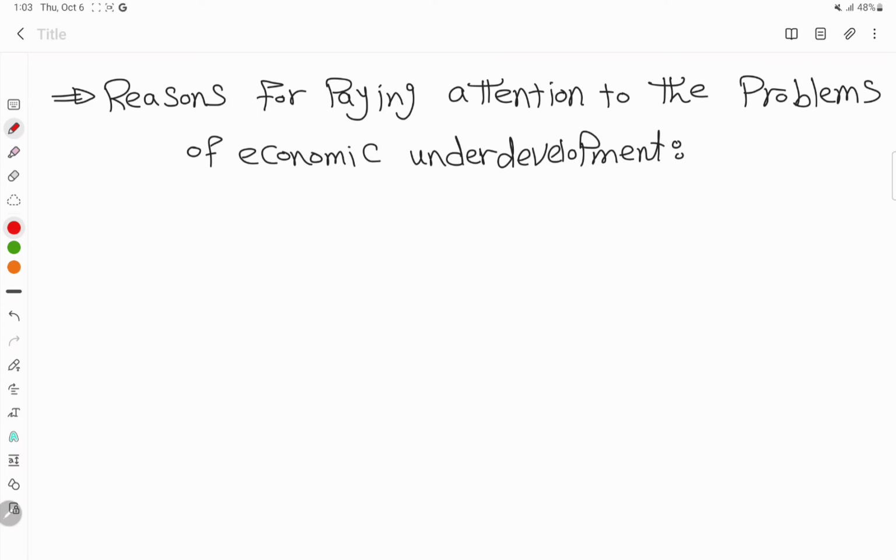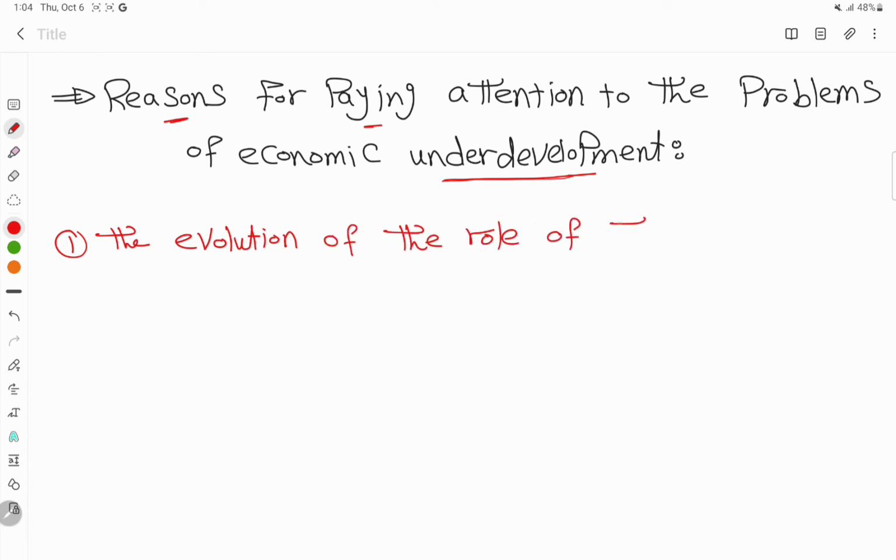Now we will talk about the several reasons for paying attention to the problems of economic underdevelopment. Number 1, the evolution of the role of the United Nations.